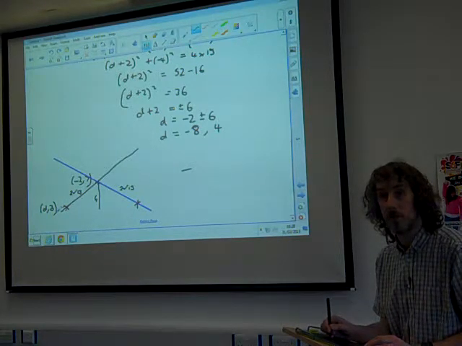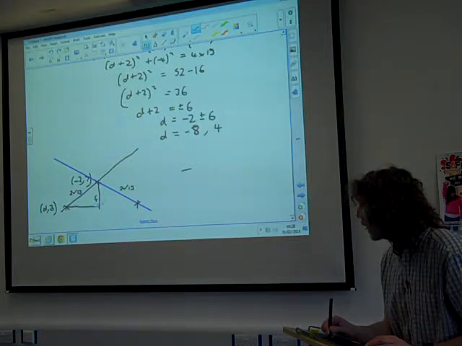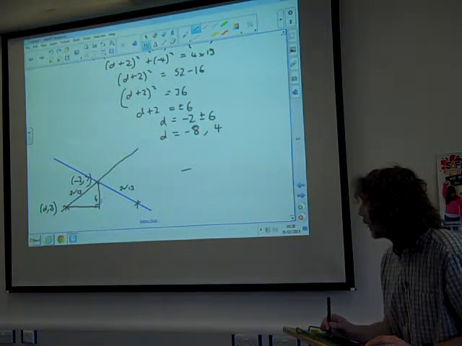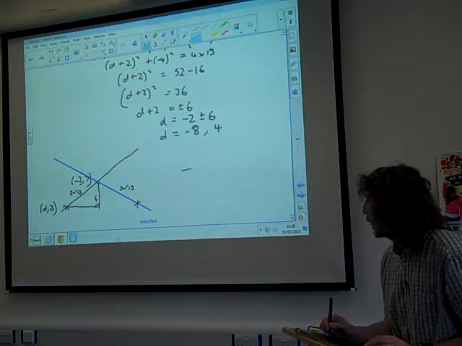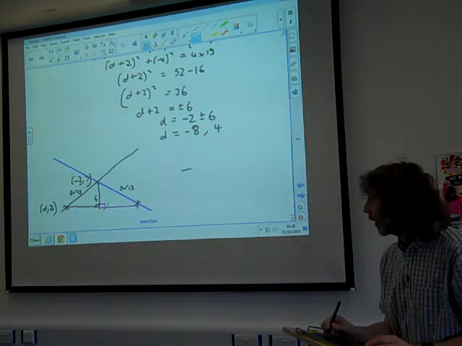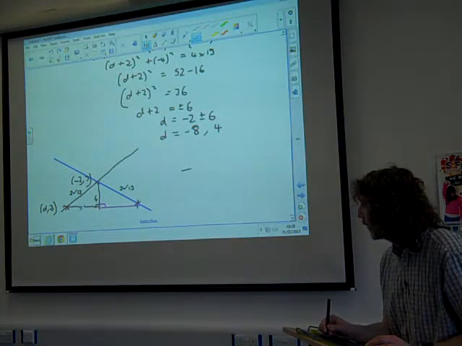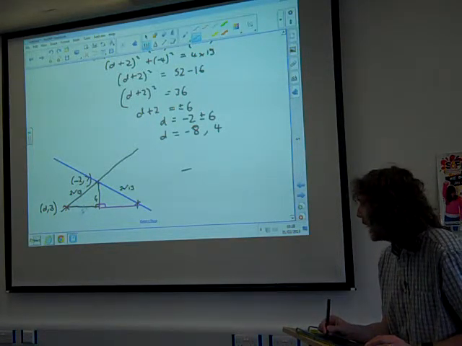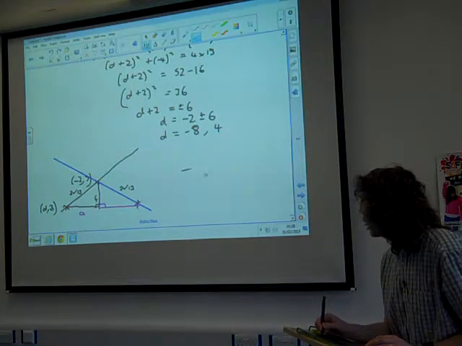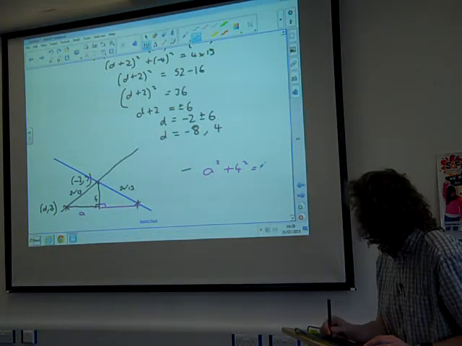Does that make sense? Now, if that gap there is 4, I could now just use my little Pythagoras theorem with the triangles. There's a triangle there with the black line on it, and there's a triangle there with the purple line on it. And if I look at those triangles by Pythagoras' theorem, let's call this distance A. I know that A squared plus 4 squared is equal to 2 root 13 squared.